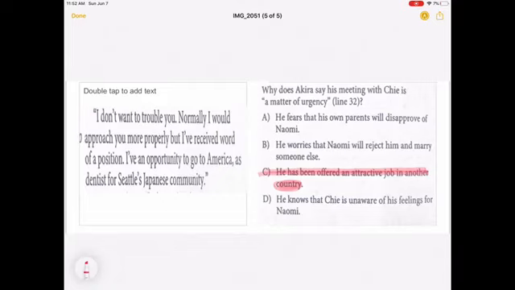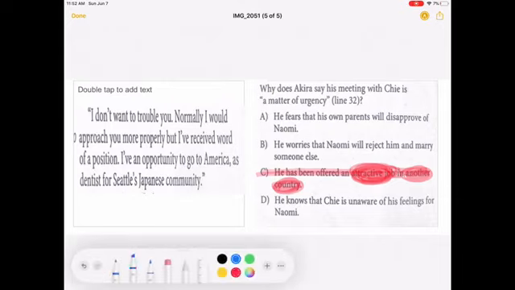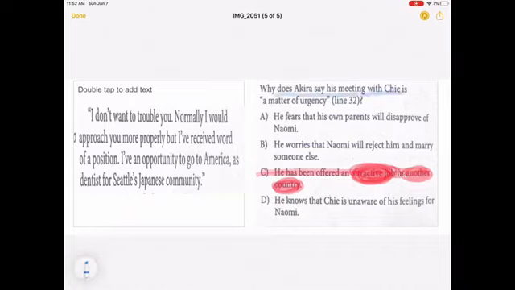So let's break down our answer. He has been offered an attractive job. Let's highlight the keywords: he has been offered an attractive job in another country. Let's read the quote. "I don't want to trouble you. Normally, I would approach you more properly, but I've received word of a position. I have an opportunity to go to America as dentist for Seattle's Japanese community." As you can see here, the reason why Akira says his meeting with Chi is a matter of urgency is directly provided.